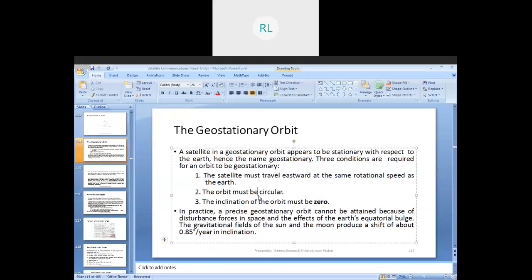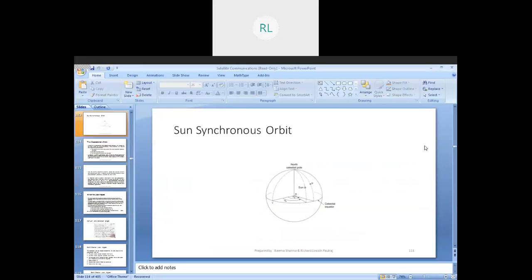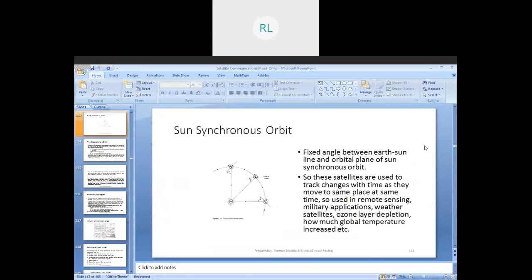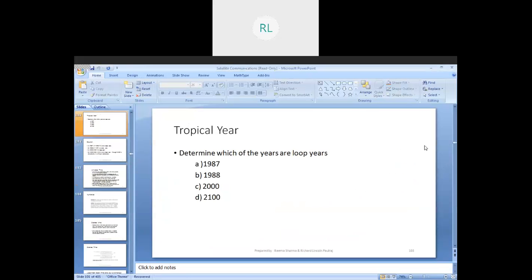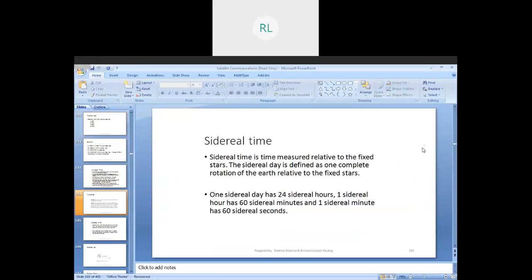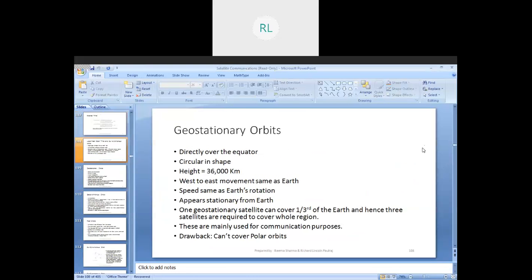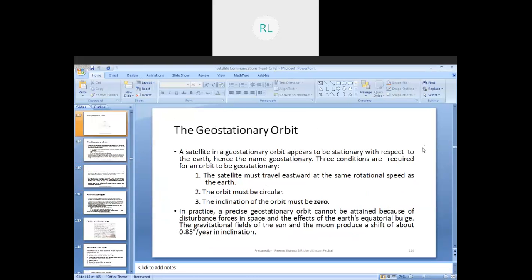Of course we know it's not going to be a perfect circle. And the angle of inclination i should be 0. If there is an angle, then we call it an inclined orbit, which we have seen previously, where an angle of inclination has been created and that doesn't correspond to geostationary.